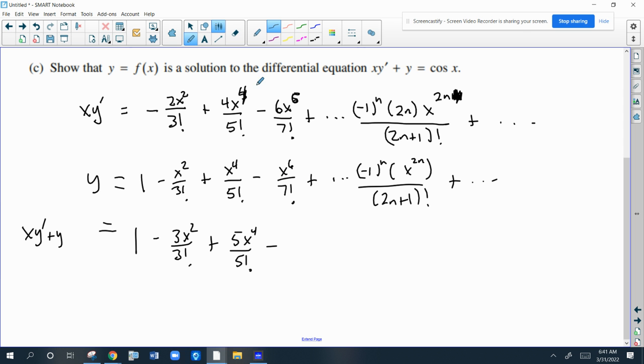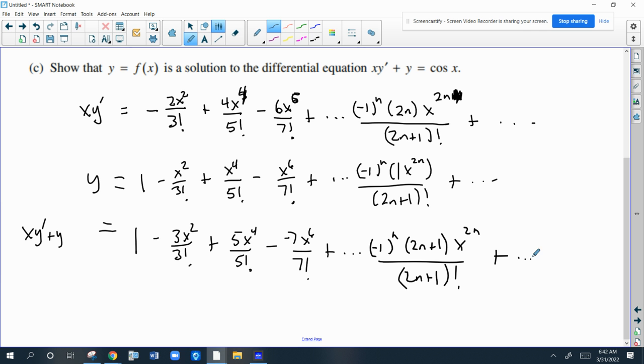Negative 6 minus 1 is negative 7. So you can really see the pattern developing here. The only difference between these two general terms is this 2n and this 1. So we have negative 1 to the n times 2n plus 1 x to the 2n over 2n plus 1 factorial.